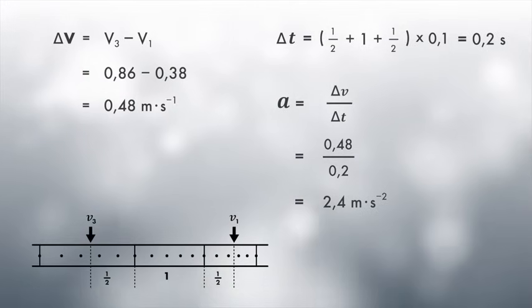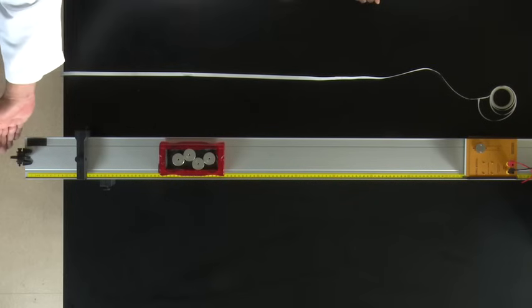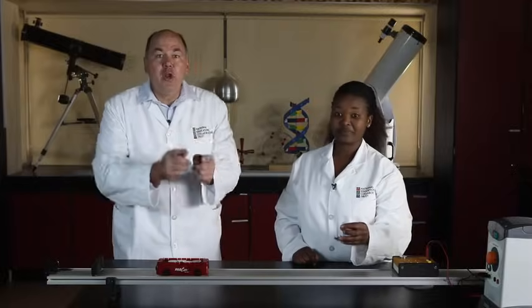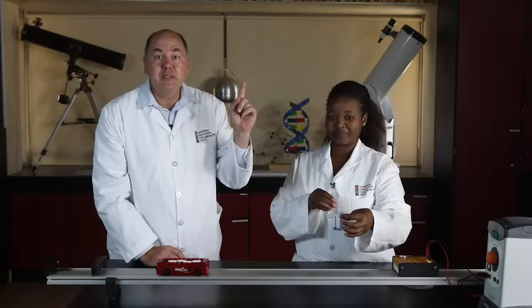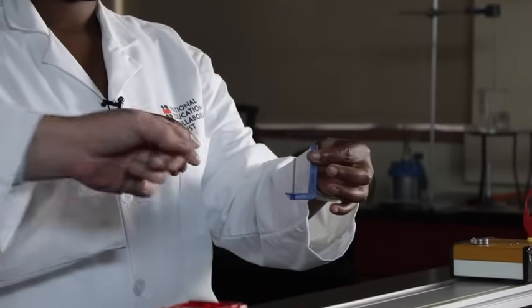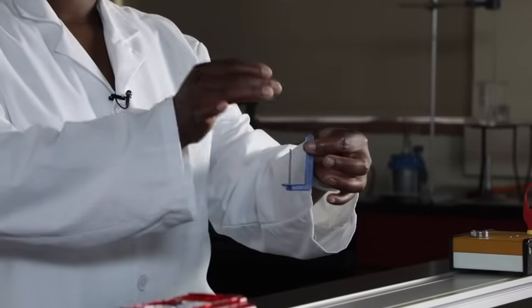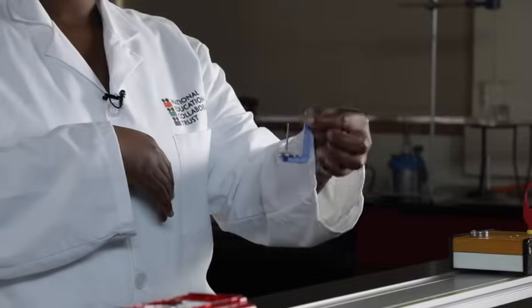Another little point to make before we start taking results. The net force is equal to the weight of the slotted mass pieces, which will hang over the pulley. So we make a note of the total mass of the slotted mass hanger. This mass hanger has a mass of 5 grams, and the slotted mass piece has a mass of 5 grams. So the total mass is 10 grams.